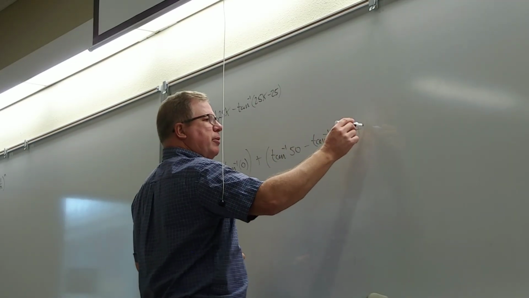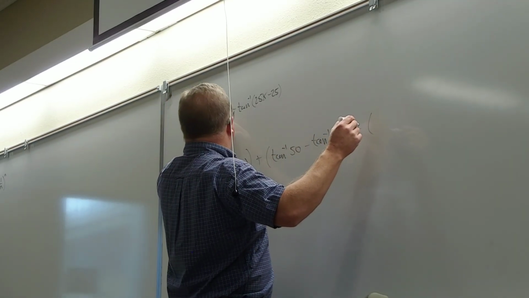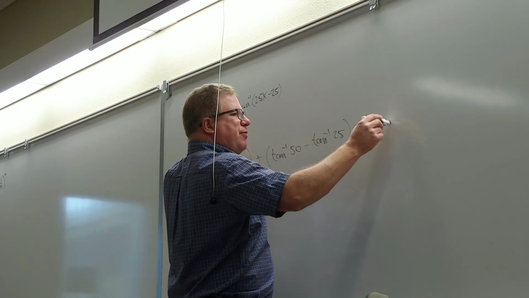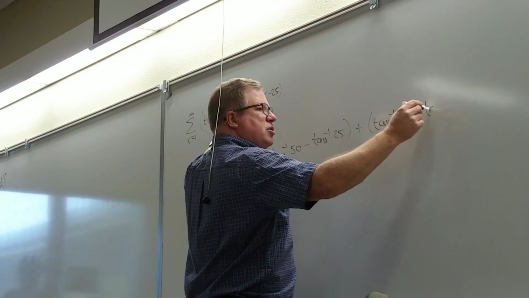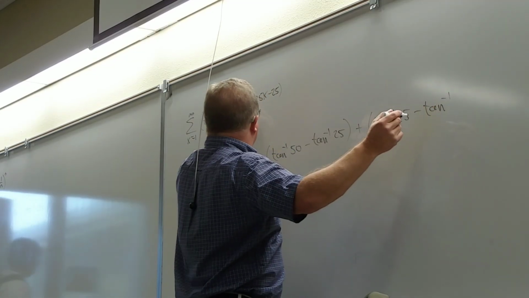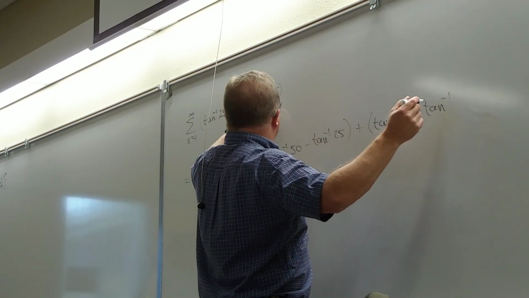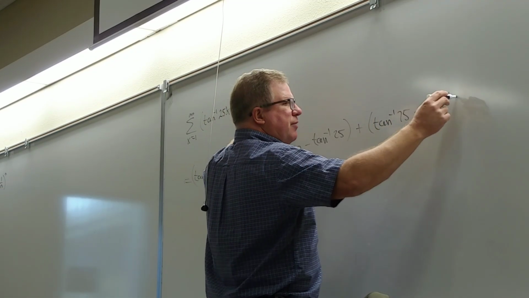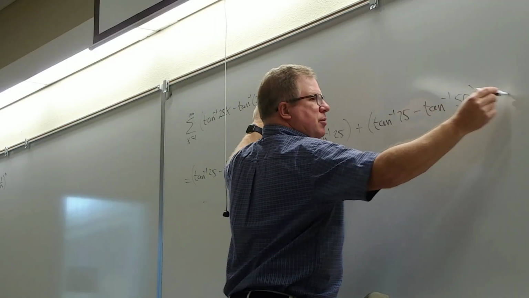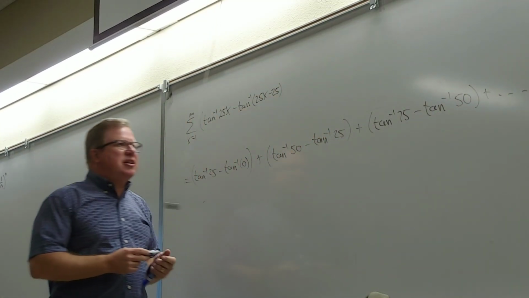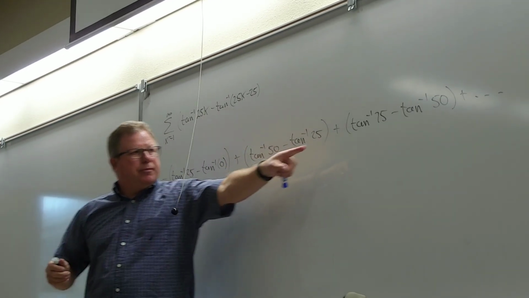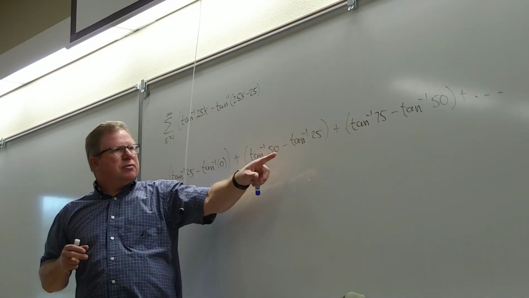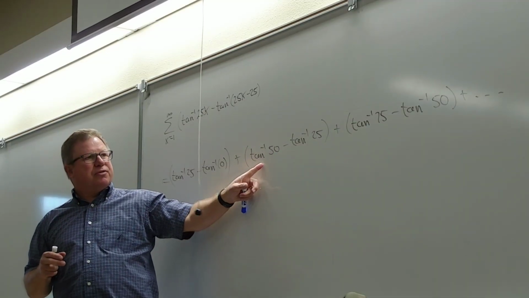Let's put another one up here. If we put in 3 for k, we'll get inverse tangent 75 minus inverse tangent of 25 times 3 is 75, minus 25 is 50. So we see that the inverse tangent 50, the negative one over there, will cancel out with this inverse tangent 50.